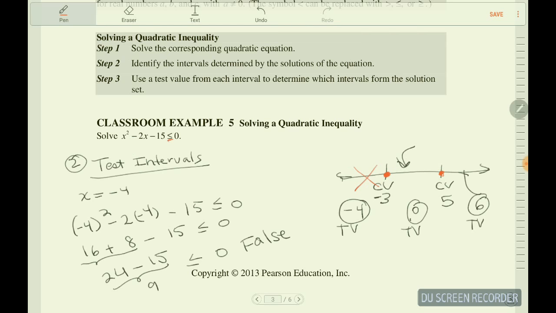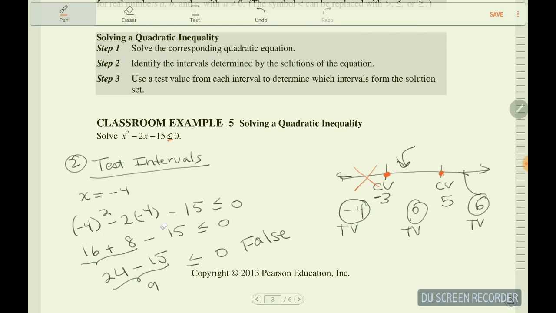And in fact, since we solved for x squared minus 2x minus 15 equals 0, we already know that we should include -3 and 5, because when we had an equal sign there, it worked. So we already know we're using those, just as a side note. But I will not be using anything over to the left of -3.